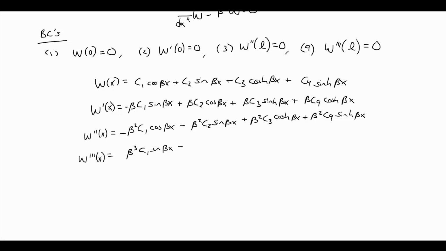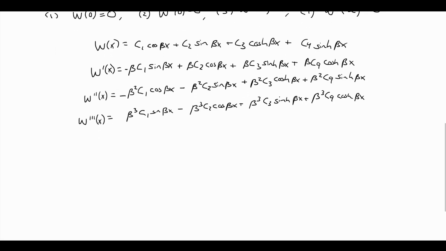Minus another beta comes out, c2, sine goes to cosine, plus a beta cubed, c3, cosh goes to sinh, a beta cubed, c4, sinh goes to cosh beta x. So those are, in general, the first, the second, the third spatial derivatives of w. So how does that translate to now applying our boundary conditions?